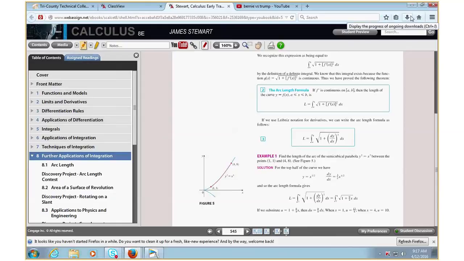Now, since you got to use u du, you might have to change your du's. Or you can just do it u du and then change it back to x and leave it as x, however you want to do it.